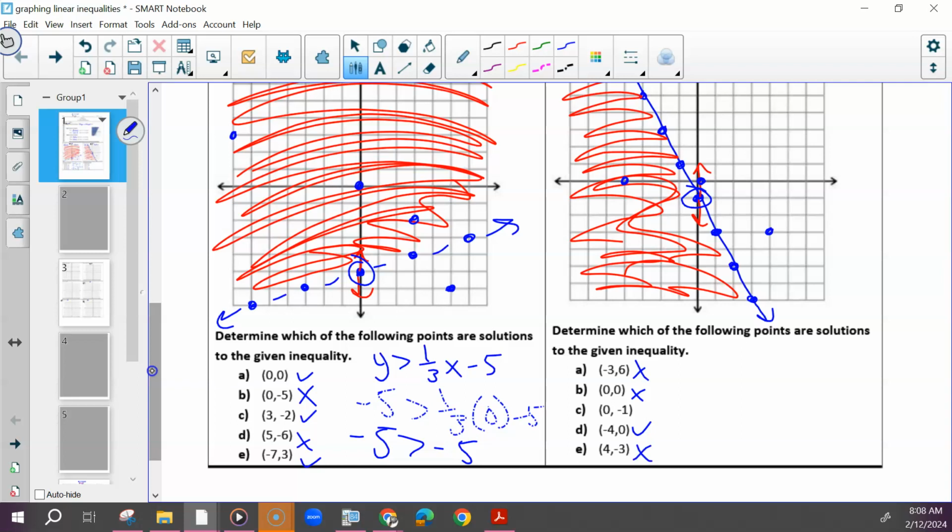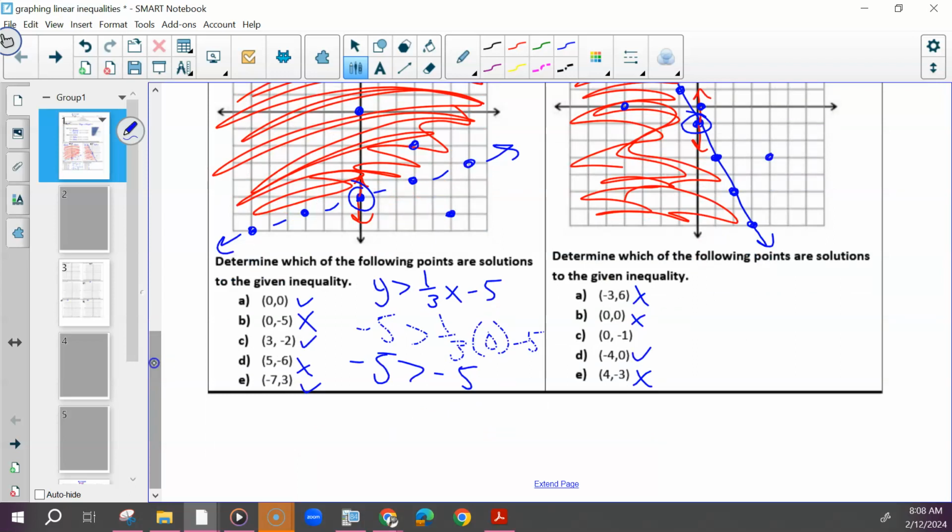So opposite of your dashed lines, if it falls on a solid line, it should be included, it's equal to, so it will be a solution. But we could also double check it. If I were to put in 0, -1, we have -1 is less than or equal to -1. Would that be a true statement? Yes. So that's how you would do it.